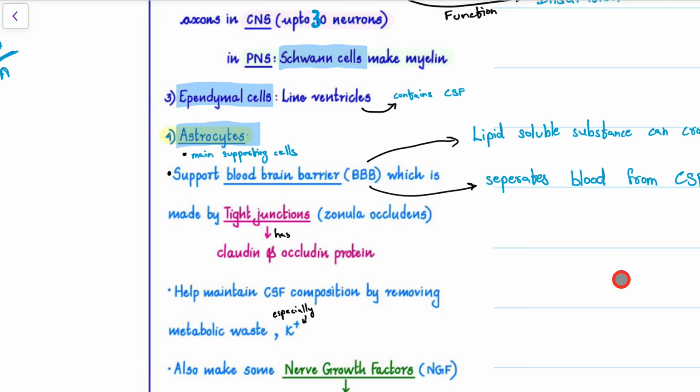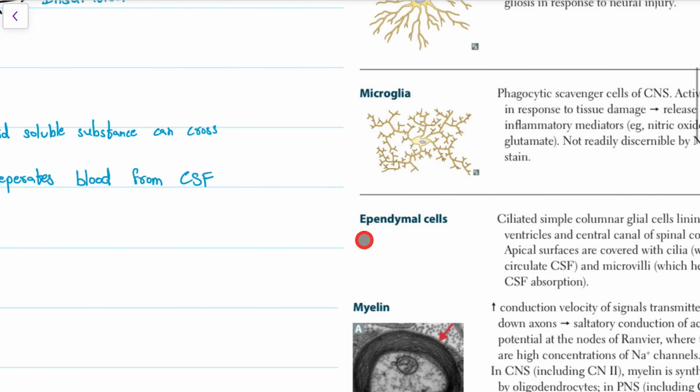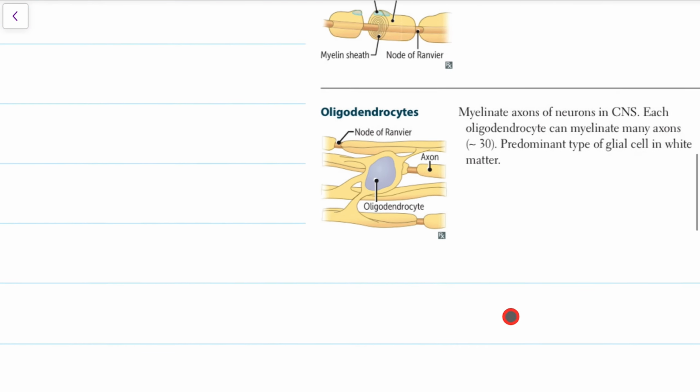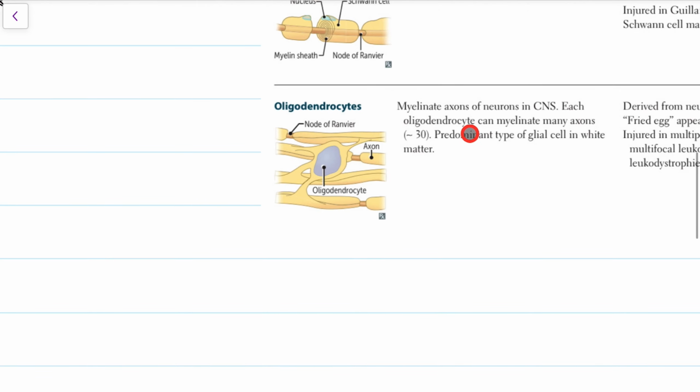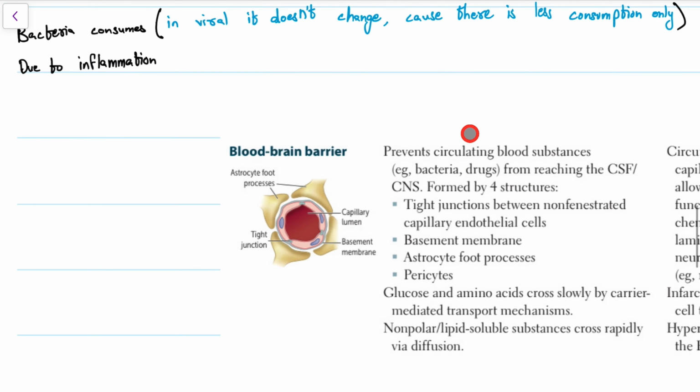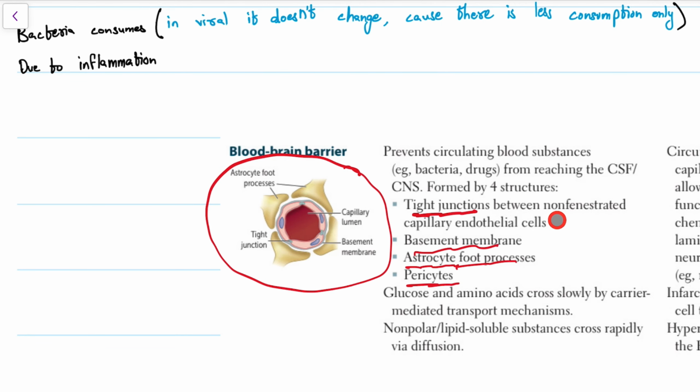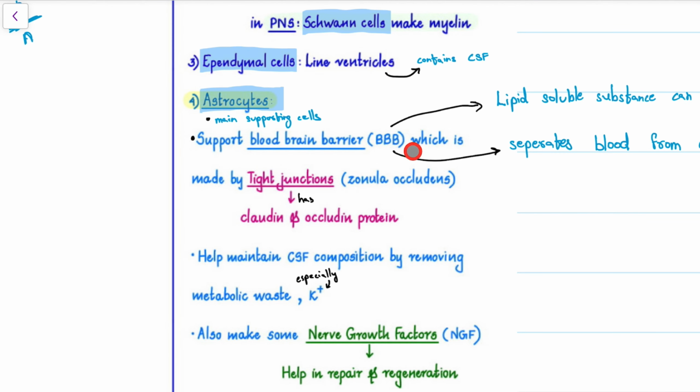See, this blood-brain barrier is made up of a few components, I would say. So the components are the tight junction, the basement membrane, the astrocytes' foot process, and the pericytes. So this is a pictorial representation. This astrocyte supports the blood-brain barrier.